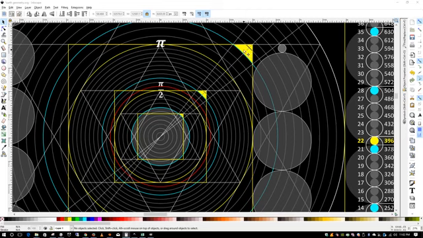These yellow corners that you see here and these rays that you see moving up represent 51.84 degrees like we see in the Great Pyramid, and its reciprocal, which is 38.16.